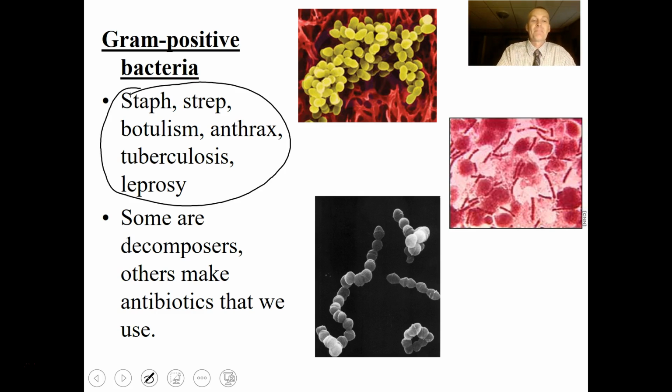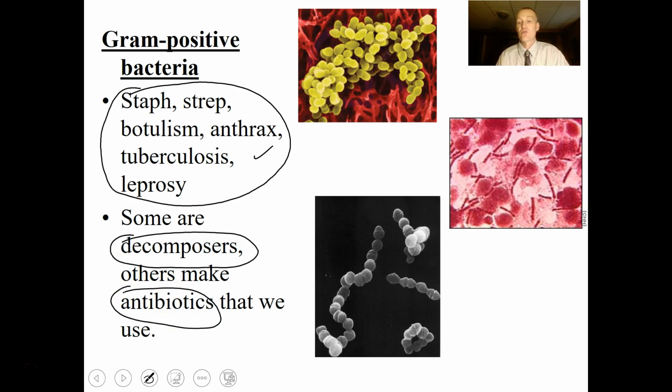So there are some bad guys. There are some really good guys, though. There are some ones that decompose things, and there's others that make antibiotics that we use to treat bacterial diseases. So bacteria fight each other, and they use antibiotics in that warfare, and we can harvest those antibiotics and use them for our purposes.